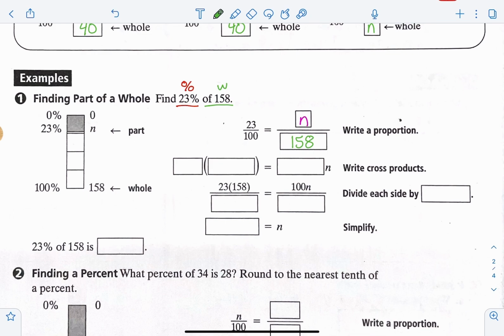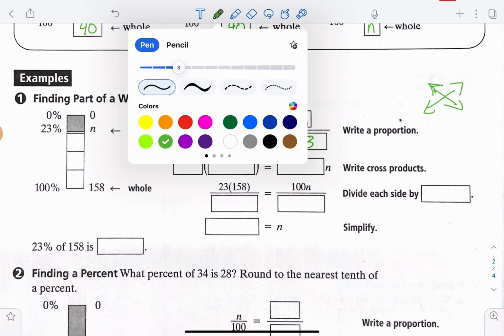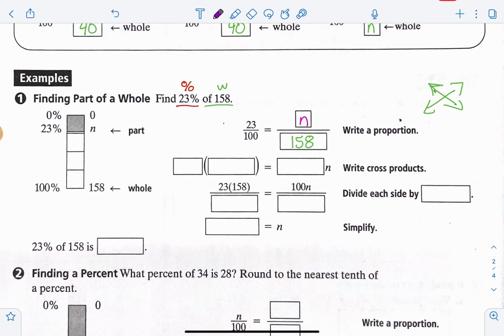Now we're going to multiply in that cross product way that we've been doing with fractions. So we're going to multiply the top of the first one by the bottom of the second one. So we're going to have 23 times 158 equals 100 times n. 23 times 158 is going to give me 3,634. And then we're going to have 100 and n.